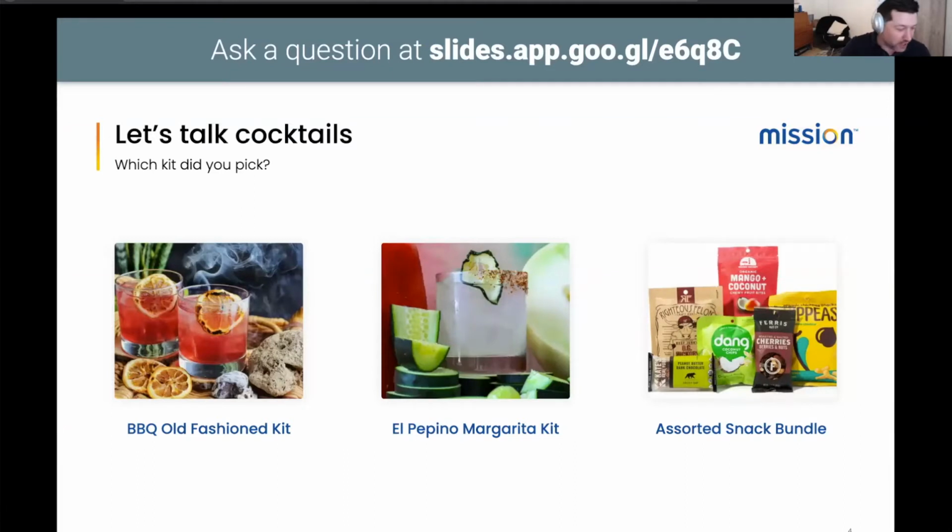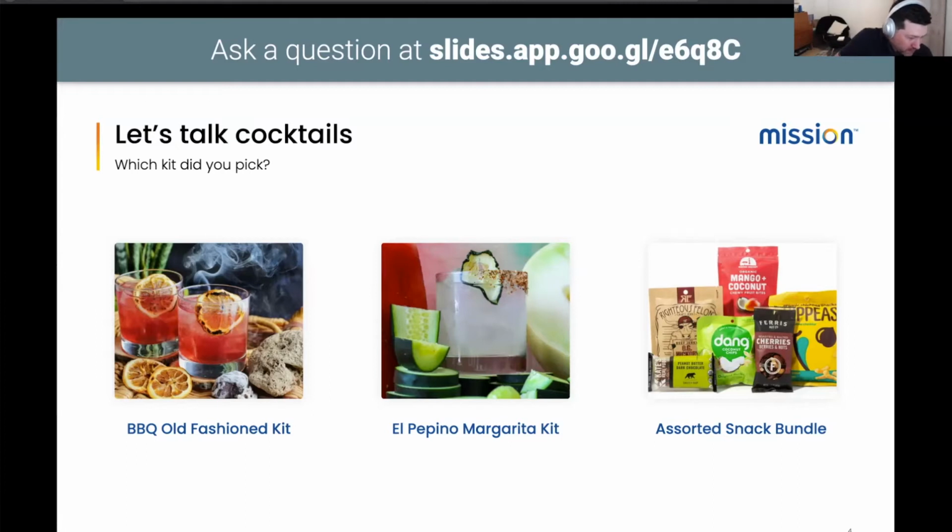And there are instructions, but you don't have to follow them if you really want. Mine includes a step where you have to actually light a barrel wood chip on fire. And I'm going to save that for another time because I really don't want fire near my computer or my microphone. But if you are going to light something on fire, turn on your camera because I want to see that. All right, so here we go.